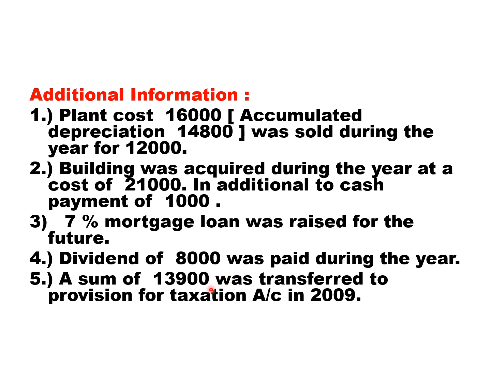A sum of rupees 13,900 was transferred to provision for tax account in 2009. That means it is not tax paid, it's tax provided out of profit. So it's called new provision for tax to be paid in future. So it will come in provision for tax account and it will come in operating activity.